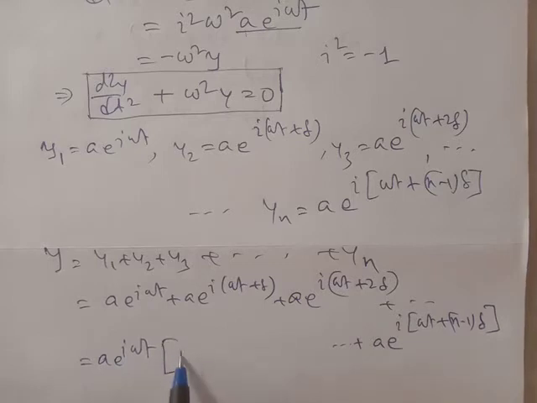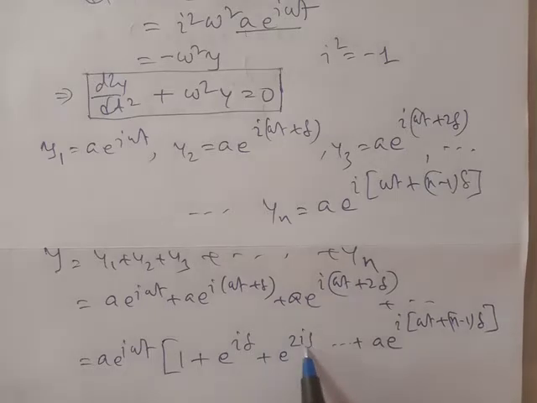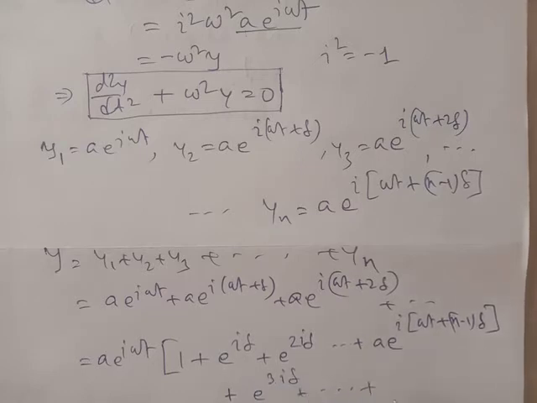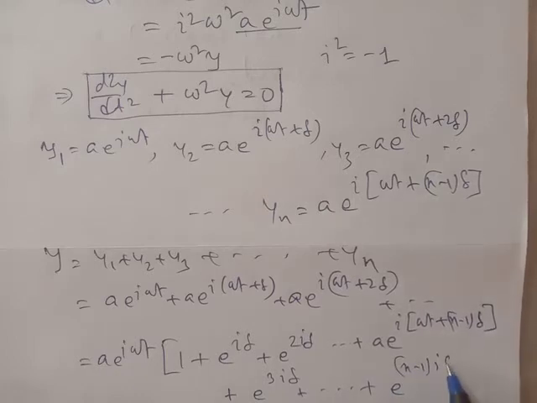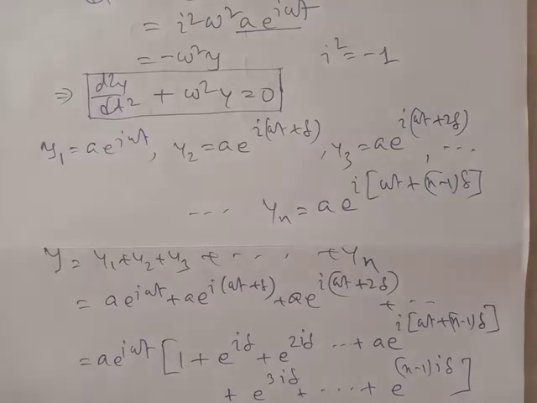Then this will be 1, and this will be e to the power i delta, and next it will be e to the power twice i delta, next e to the power thrice i delta, and lastly e to the power n minus 1 i delta.